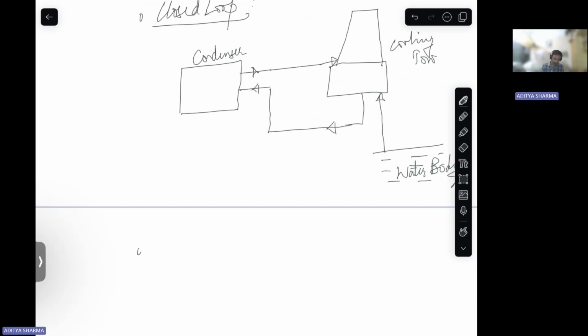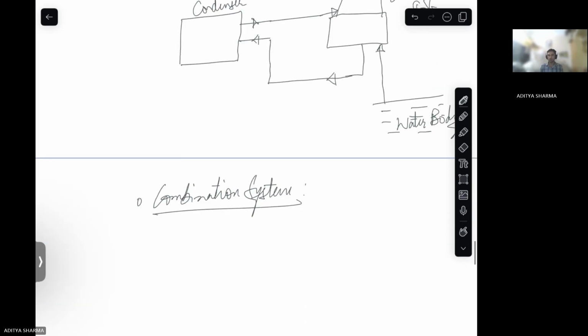Then third is your combination system. So what happens in your combination system?